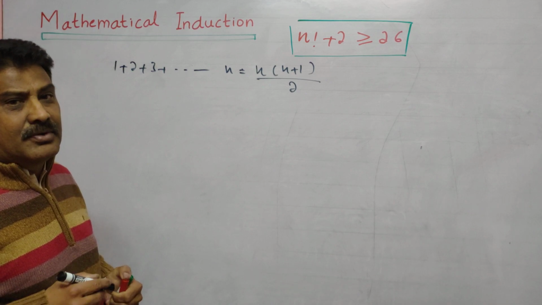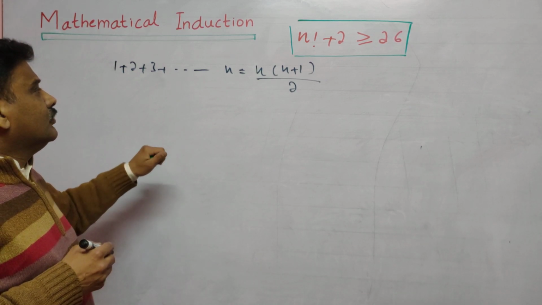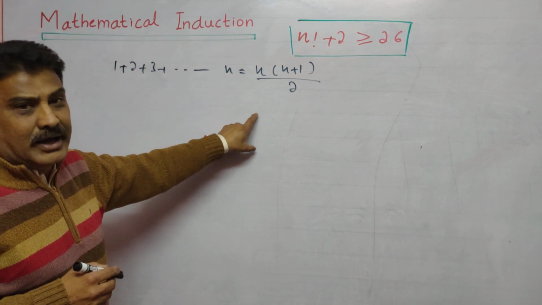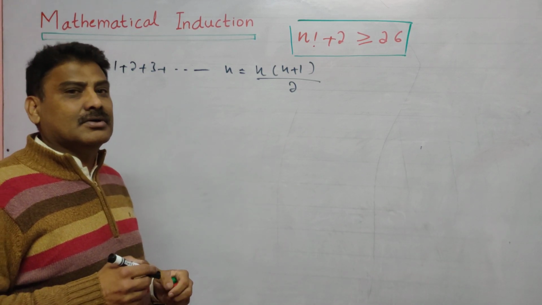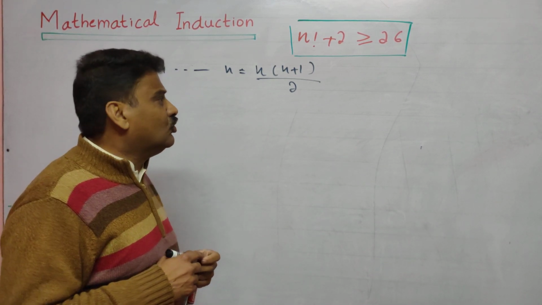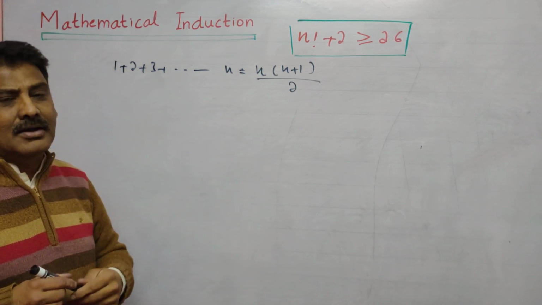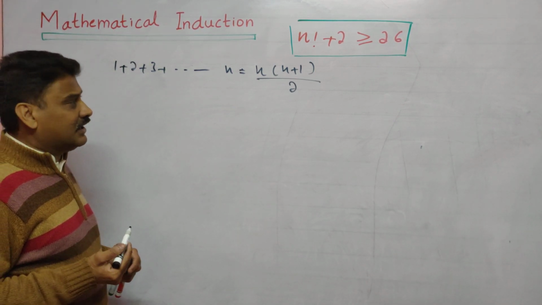In the next step, we assume it is true for n equal to k, and when we have assumed that, we can replace n by k.